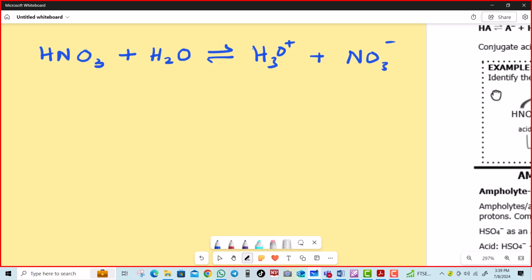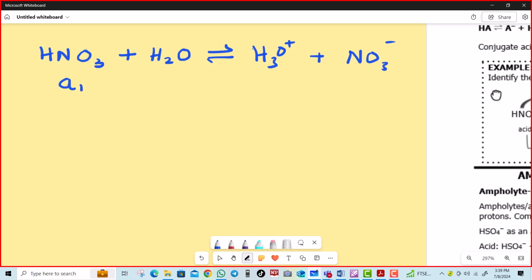Pay attention, guys. Here you see our HNO3 has the proton, but later it doesn't have it anymore. Because this one donated the proton, we say that's our first acid, A1. I said that HNO3 has a proton here, and look at the product, it doesn't have it anymore.